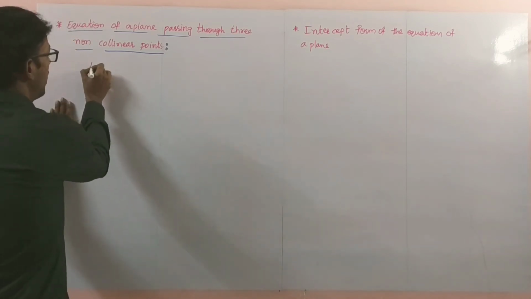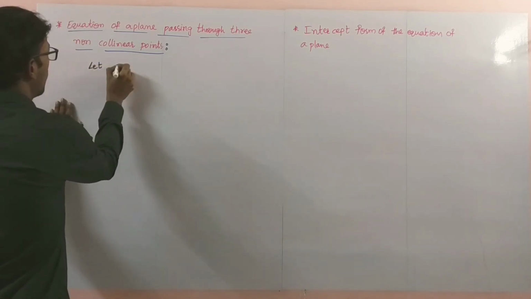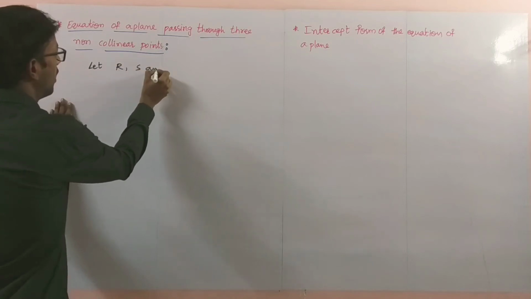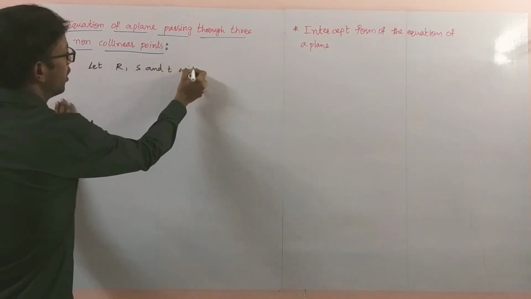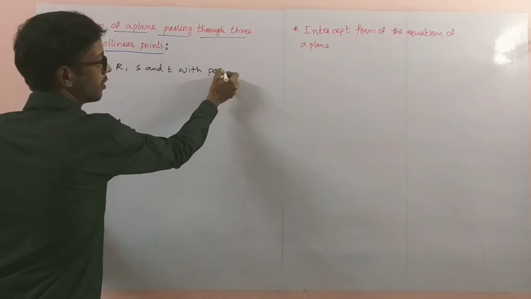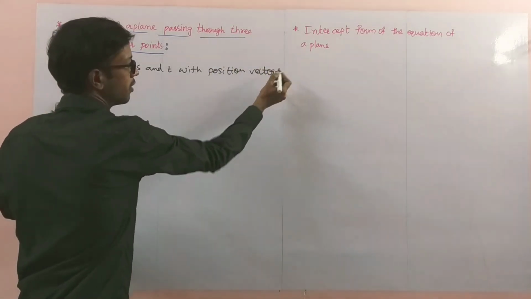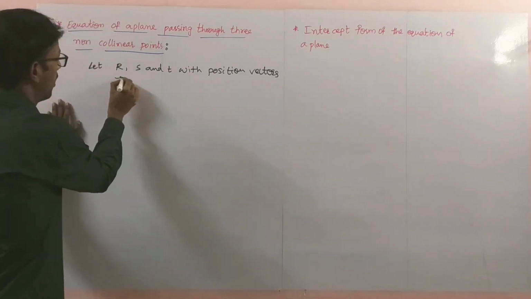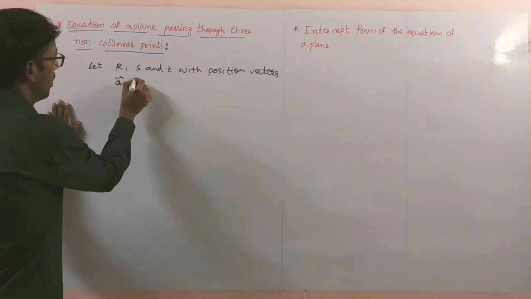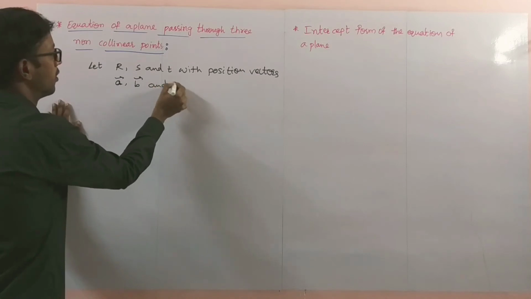So, non-collinear points. I am taking the points as R, S and T with position vectors a bar, b bar and c bar.